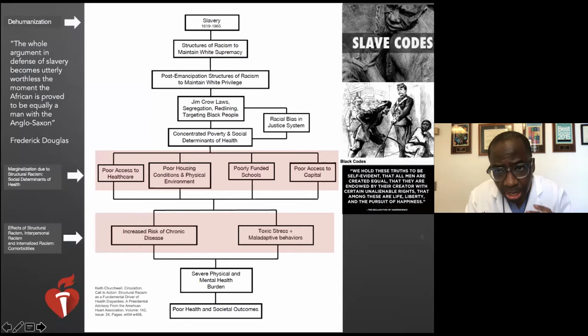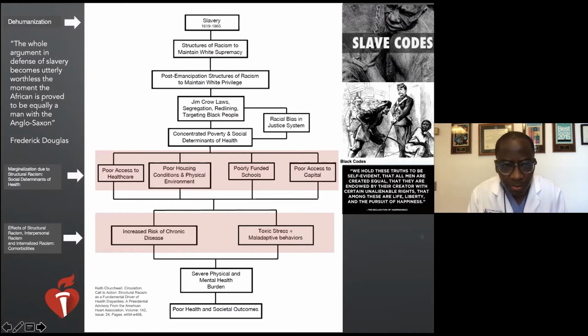And so the dehumanization of Black people occurred formally, legally, through what was called at the time the slave codes. And these slave codes served to keep slaves from rebelling, keep them in order, and extract maximal profits from their blood, sweat, and tears.